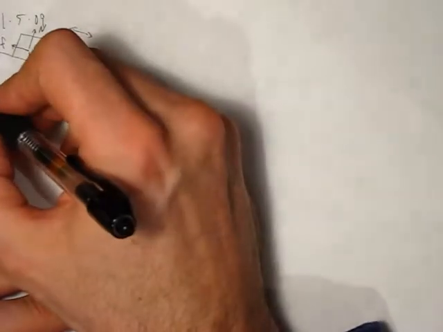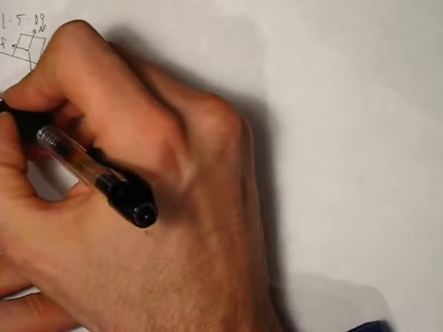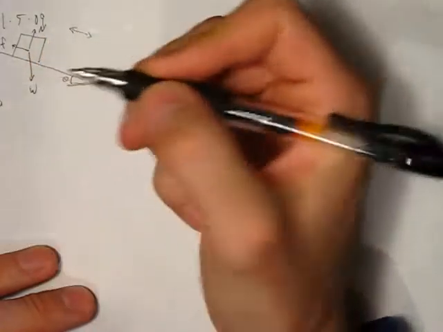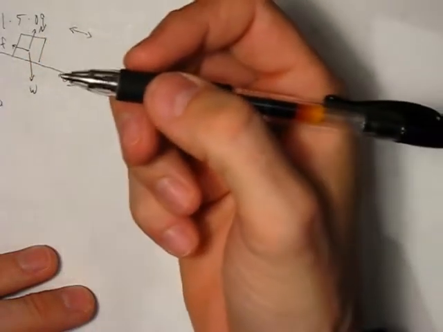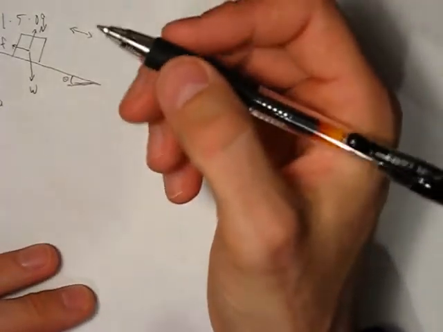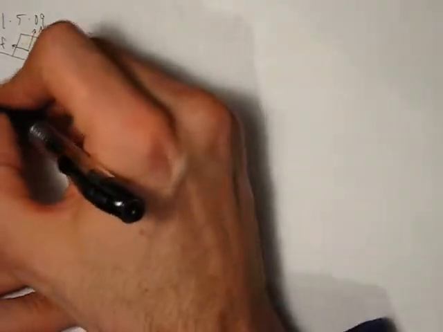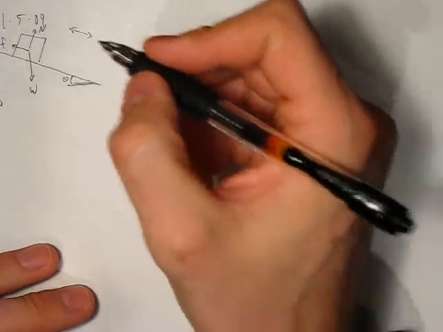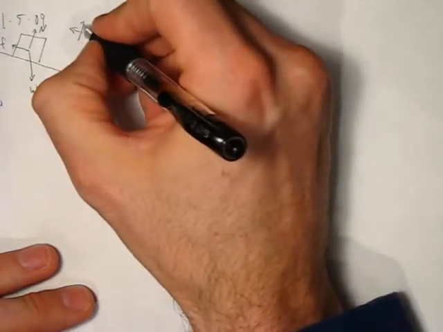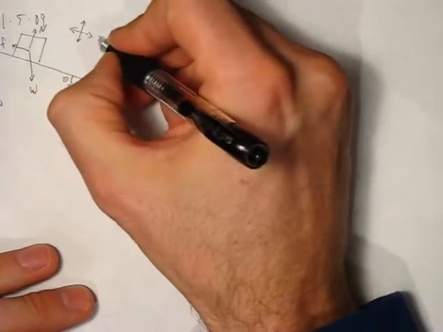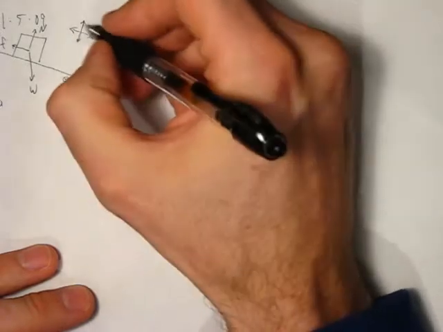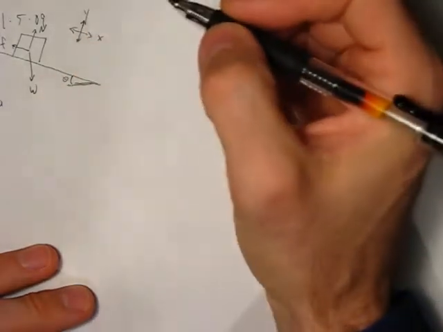We don't want to have acceleration in both the x and y directions, because that means we would have to solve for acceleration in both. So let's not do that. Let's reorient our coordinate system so that the x direction is parallel to the slope and the y direction is perpendicular to the slope.